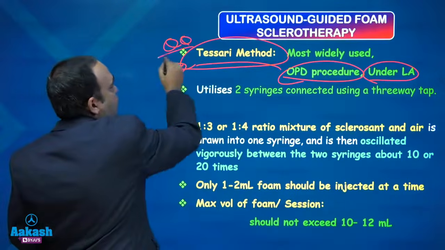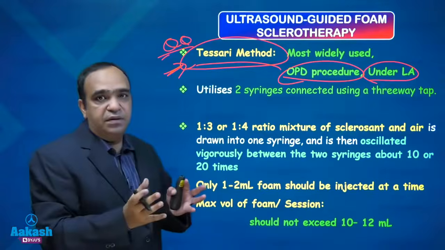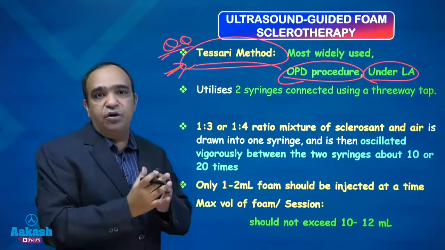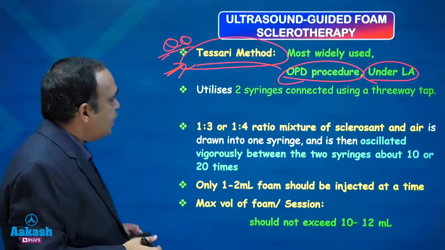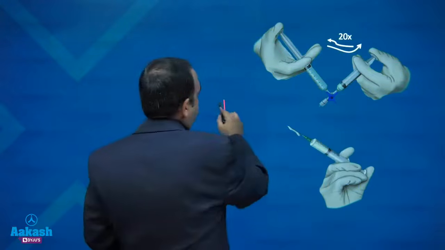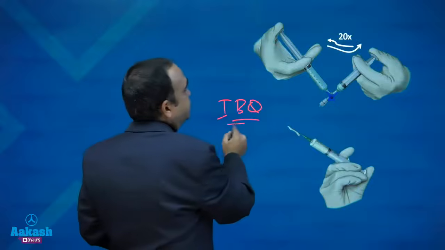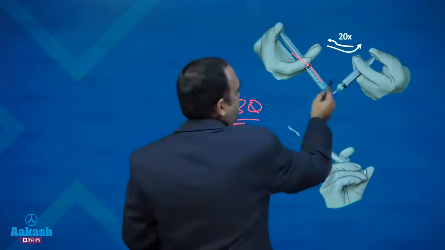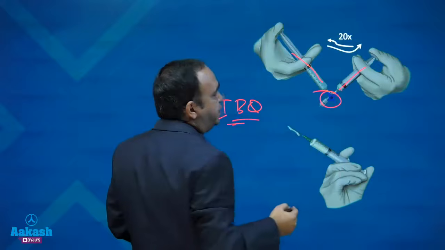Again, very important question. How we prepare, Tessari is basically preparation of the foam, right? So in this what we do is, as you can see the technique, this can come as an image based question, right? So 2 syringes connected by a 3-way tap.